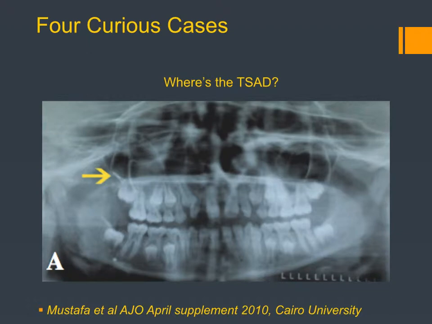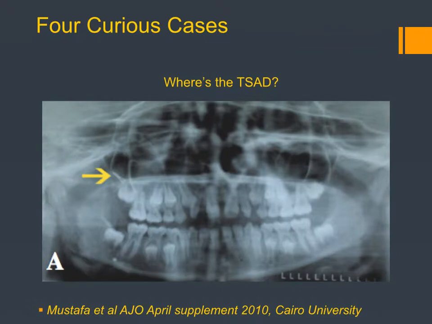In this panogram, there's a temporary skeletal anchorage device that has gotten away from the clinician. It's a mixed dentition patient, so kind of early for a TAD perhaps, but in any case, the TAD is not where it was first intended.